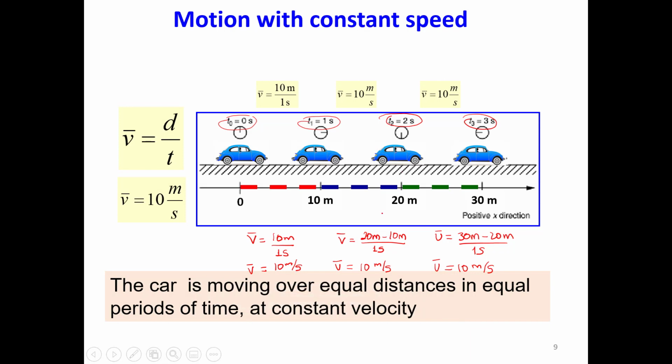Now we can define: if the car is moving equal distances in equal periods of time, then that object is moving at constant velocity. This is one way we know if the object is moving at constant speed. It is always the same speed if the object is moving equal distances in equal periods of time.